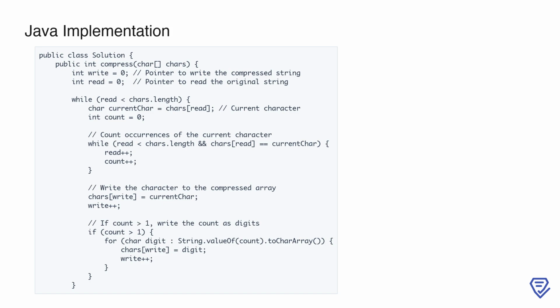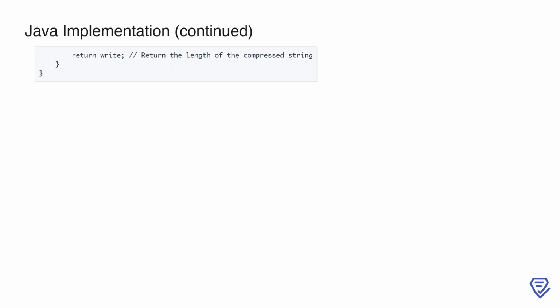After determining the frequency of the character, we write the character itself to the position indicated by the write pointer. Then, if the count is greater than 1, we convert the count to a string, break it into individual digits, and write each digit back into the array. This ensures that the compressed representation of the character is stored correctly. Finally, after processing all the characters in the array, the function returns the value of the write pointer.